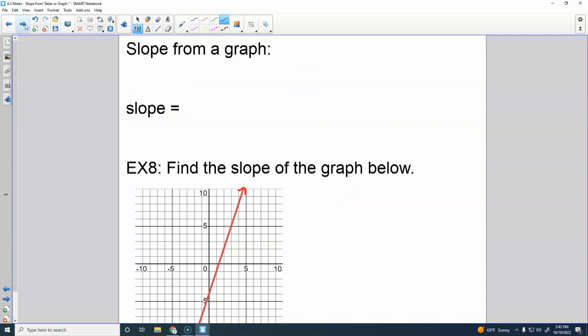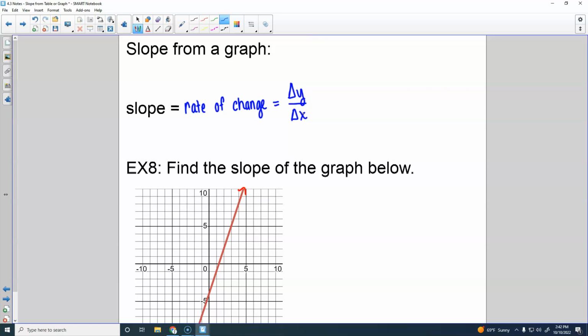Now, let's look at graphs. Okay? It is still true that the slope is your rate of change. It is still change in y over change in x. But I'm going to give you a couple other things to help you.